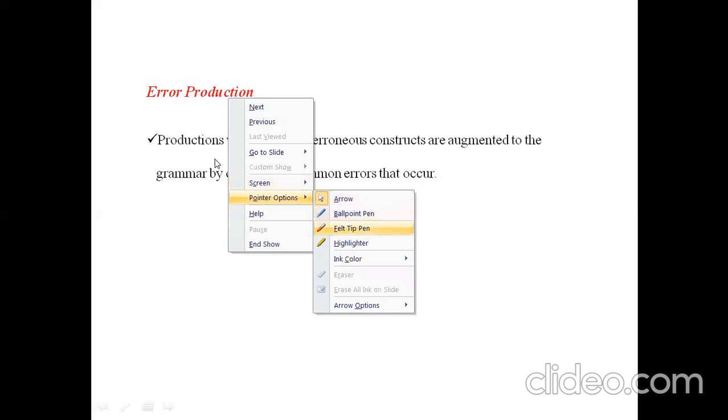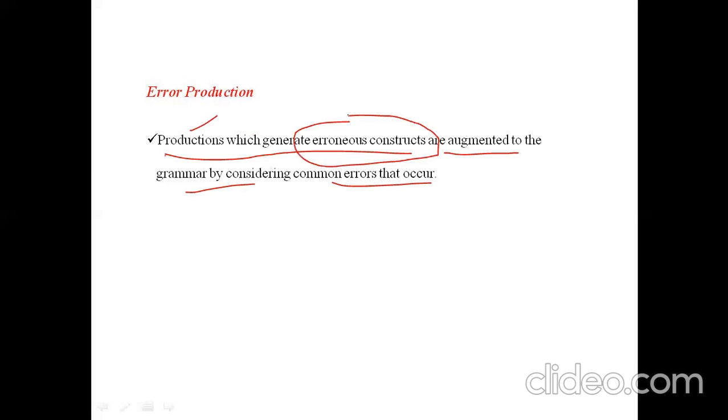Clear? Here, productions which generate error constructs mean nothing but the error messages. The production rules which generate erroneous constructs are augmented to the grammar, that means they are added to the grammar by considering common errors that occur. Based on the designer's idea about the common errors made by the programmer, he will add new augmented production rules which will generate the erroneous constructs, that means error messages.